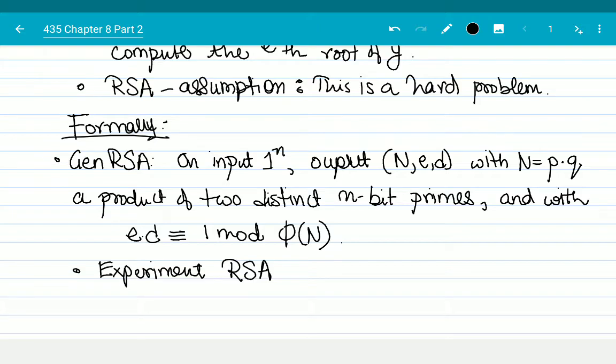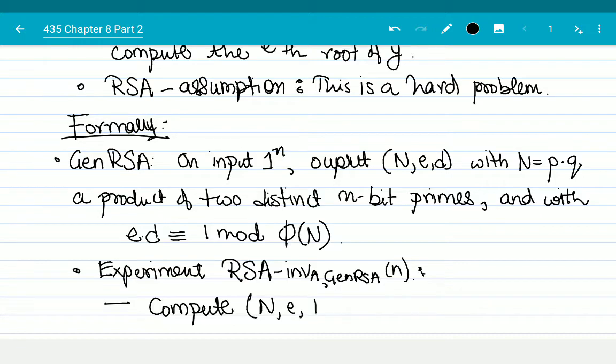Okay, and the experiment RSA inversion of adversary A, general RSA is as follows. Compute N, e, d given general RSA 1 to the n.